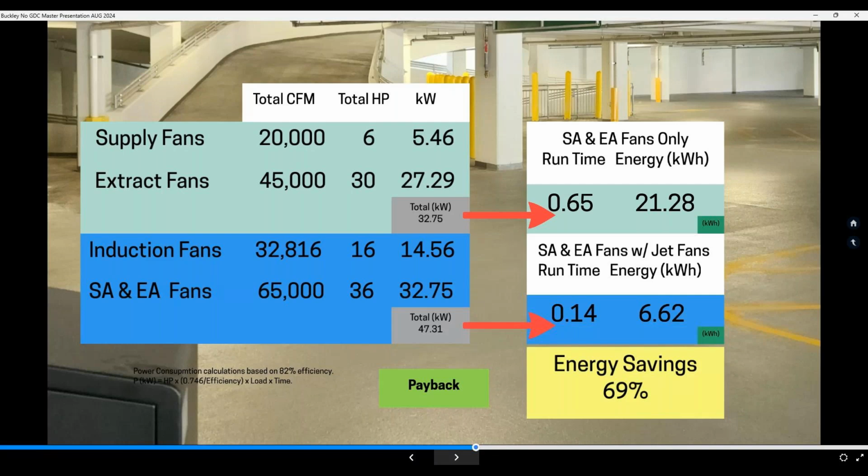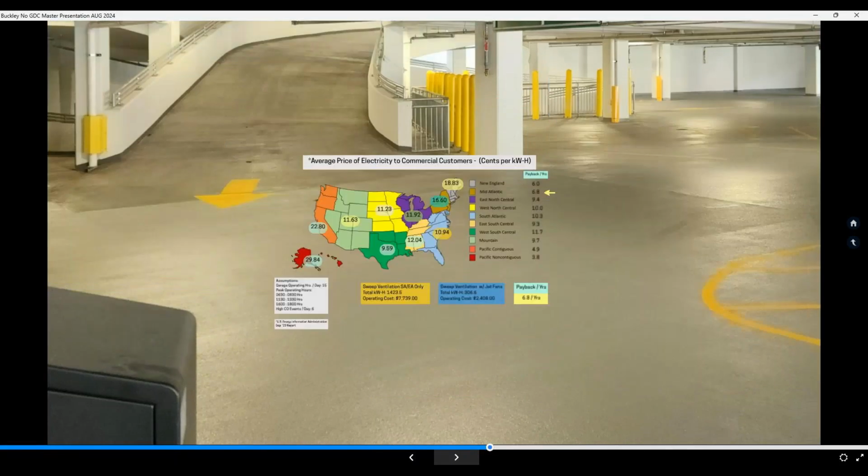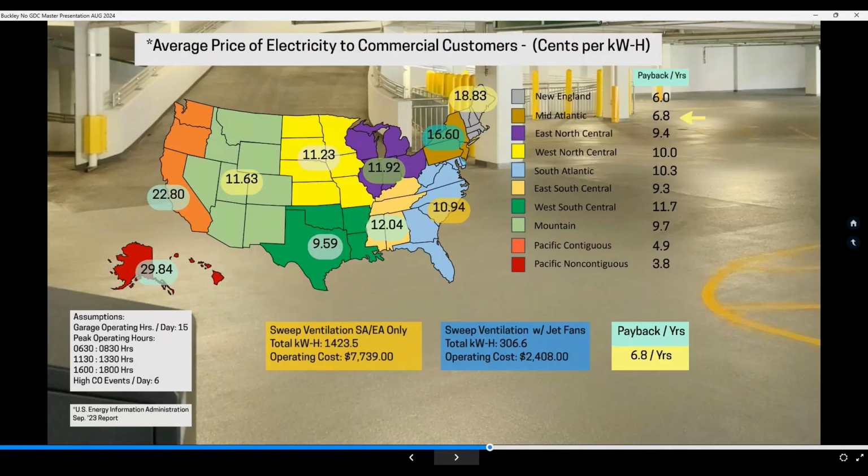We're letting the jet fans take the brunt of the operation in diluting the carbon monoxide, so the supply and exhaust fans can run more efficiently, more continuously, and more frequently at that reduced minimum rate. If we look at payback, we look at cost of energy, cents per kilowatt hour, and this is based off of the U.S.